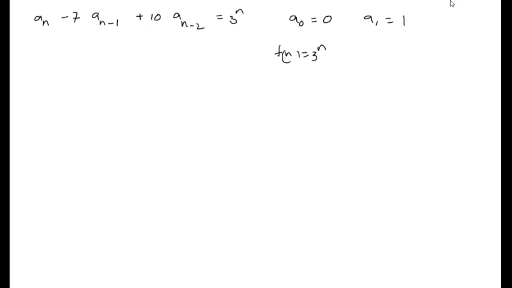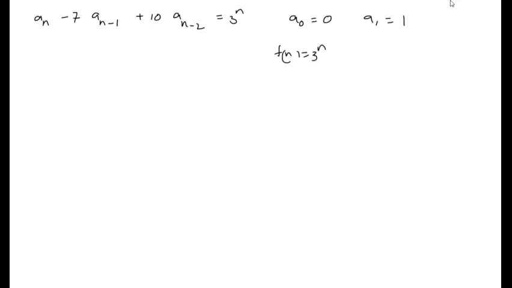The first example we are going to see is a_n - 7a_{n-1} + 10a_{n-2} = 3^n, where a_0 = 0 and a_1 = 1. This is a linear non-homogeneous recurrence relation because here f(n) is 3^n.